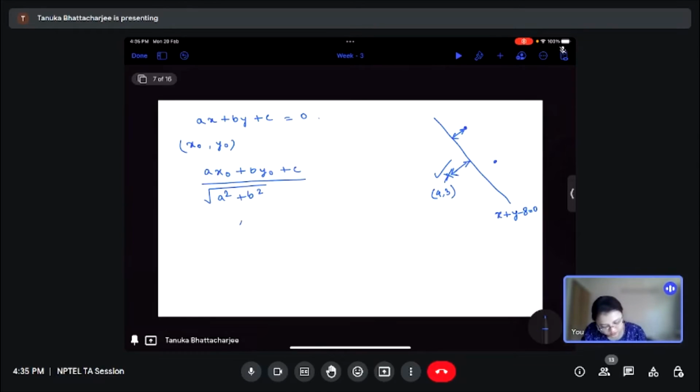So what will be the value? x is 4, y is 3, minus 8, divided by root over, here x and y both have coefficients 1, so a square plus b square is 1 square plus 1 square, and you basically take the mod of this.